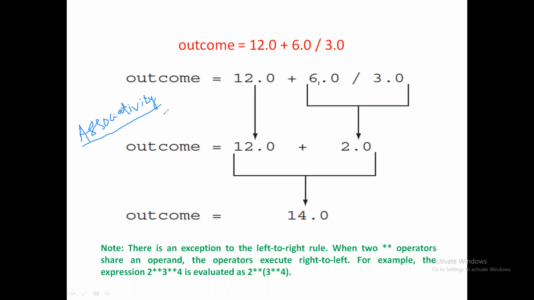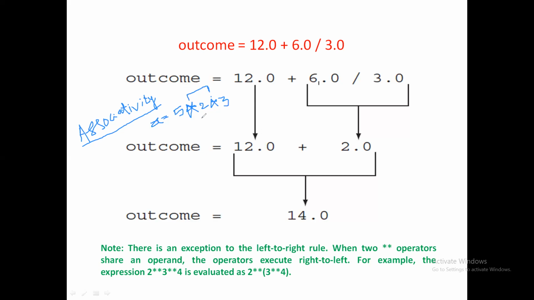For example, let us say x is equal to 5 into 2 into 3. If you see, these two have the same precedence level, then in which order does it have to be performed?